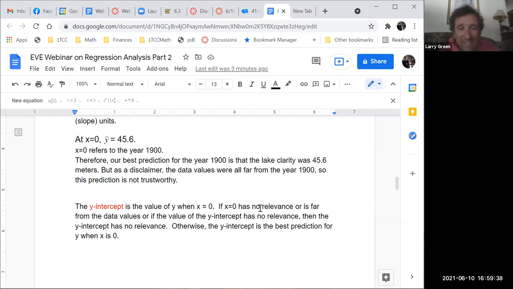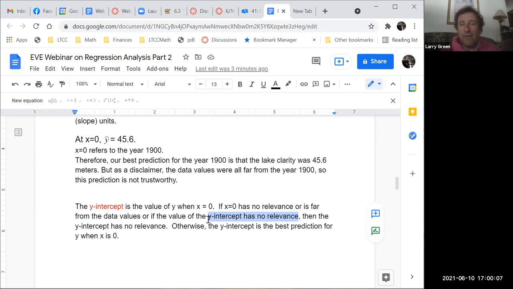So again, if x equals 0 has no relevance or is far from the data values, as our example was, then sometimes the value of the y-intercept is meaningless. Let's say we did 0 being the year 0.